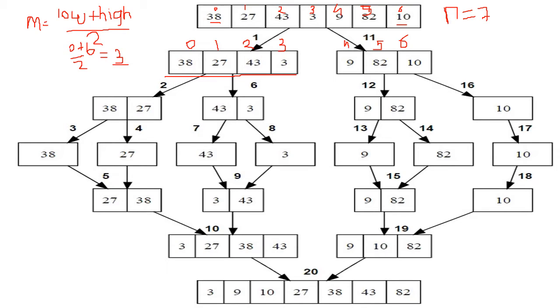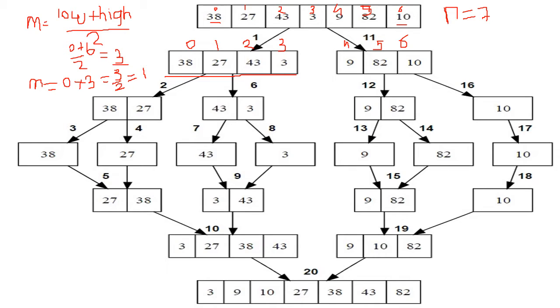Again for this, the low value is 0 and the high value is what? High value is 3. That is 0 plus 3 divided by 2, we get our midpoint at first position, means mid equals 1.